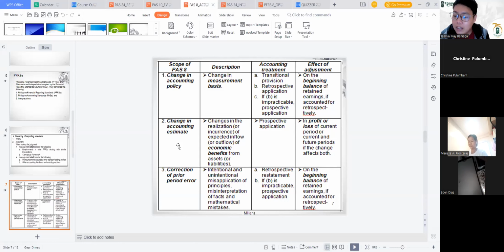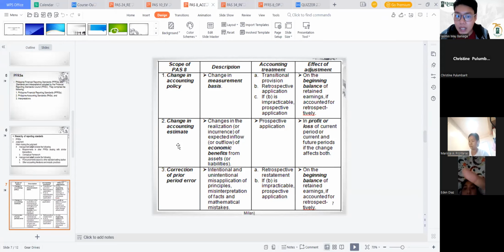And take note, pag change in accounting estimates should be prospective application naman daw siya in accounting. When we say prospective application, ano naman ang impact niya? Forward, future periods, or previous periods of accounting, of the different accounting periods.